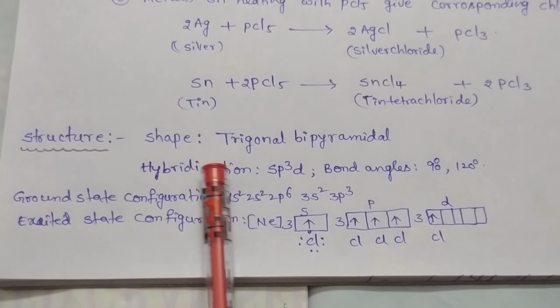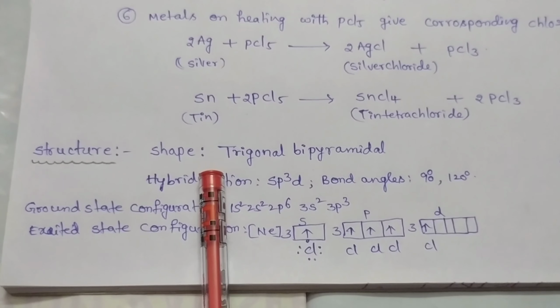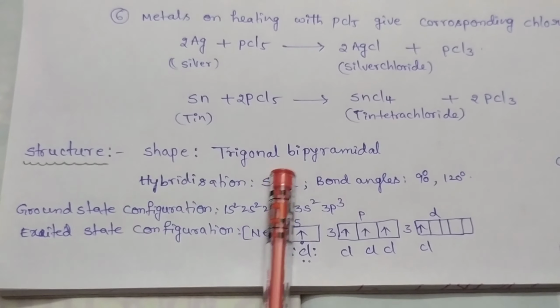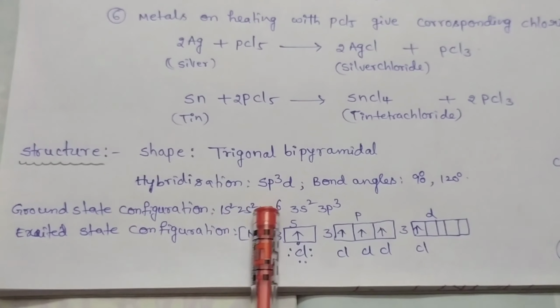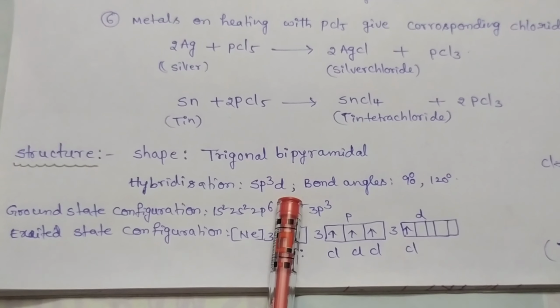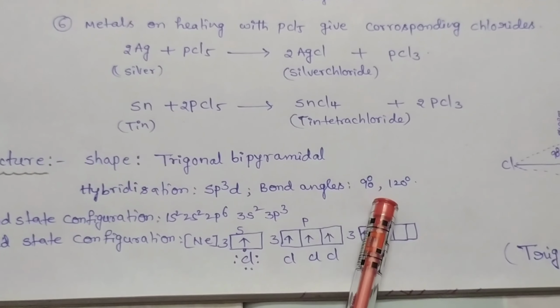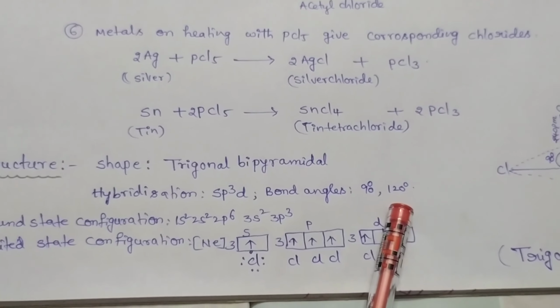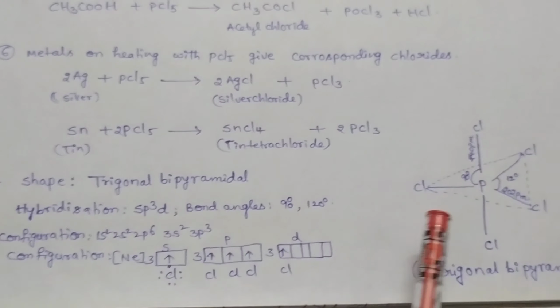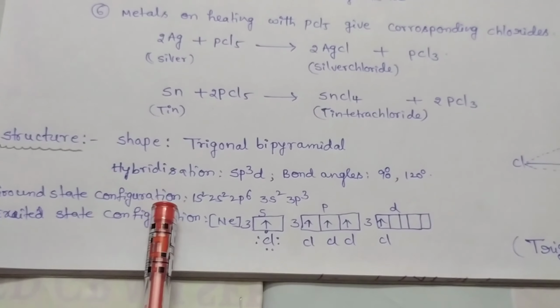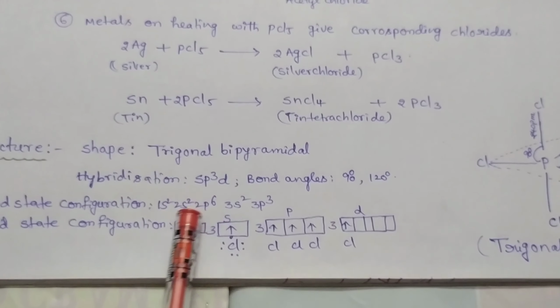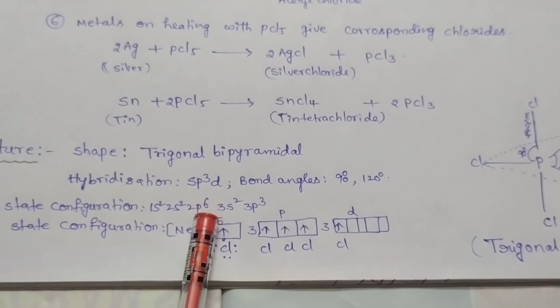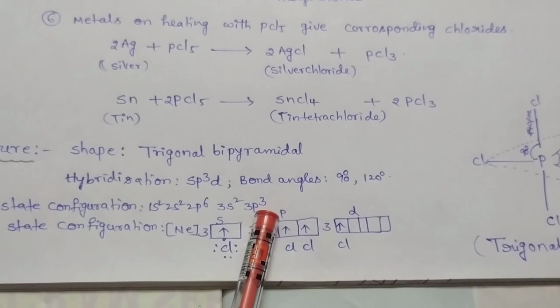Now we discuss the shape of phosphorus pentachloride. It is trigonal bipyramidal in shape with sp3d hybridization and bond angles of 90 degrees and 120 degrees. Here the ground state electronic configuration of phosphorus is 1s2, 2s2, 2p6, 3s2, 3p3.